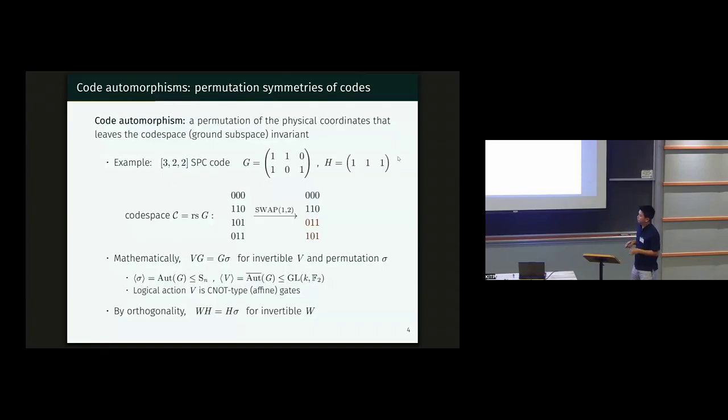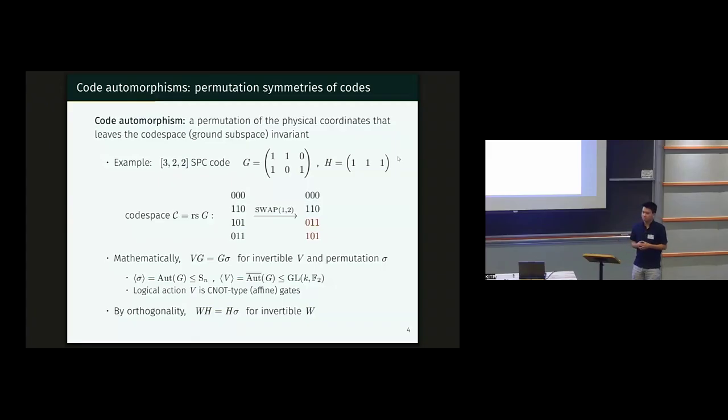We talked about G, but because H is orthogonal to G, there exists a dual relation, another invertible matrix W for the parity check matrix H. Any questions on this before I move on?